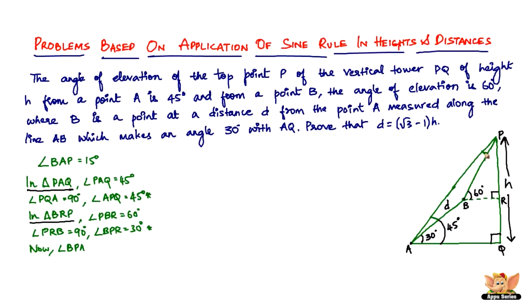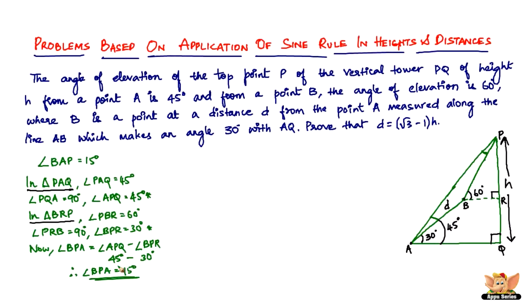Angle BPA is nothing but angle APQ minus the angle BPR. APQ is 45 degrees, BPR is 30 degrees. So therefore, we've got angle BPA equal to 15 degrees.